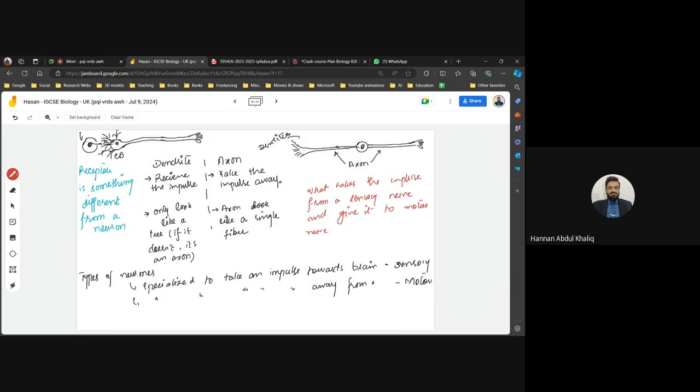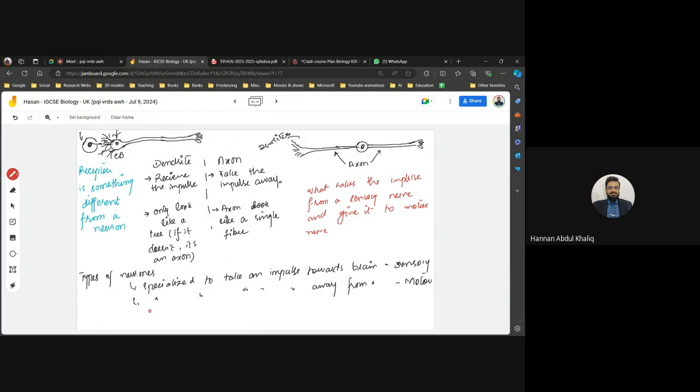Like we are saying, the brain is receiving from sensory neuron or nerve, and the brain is giving to the motor nerve. What is inside the brain?